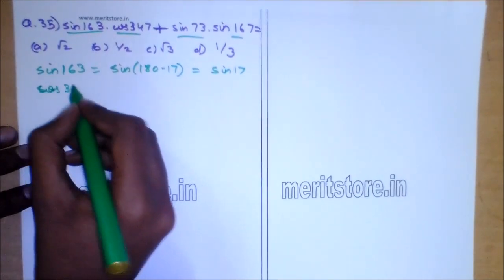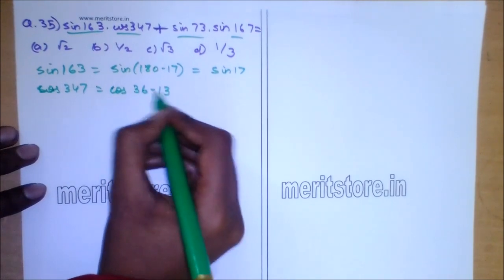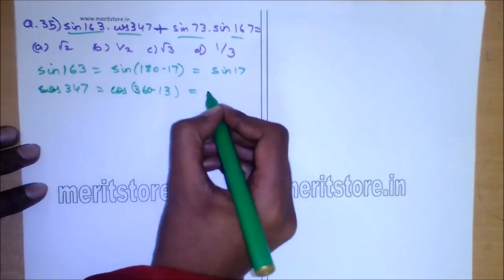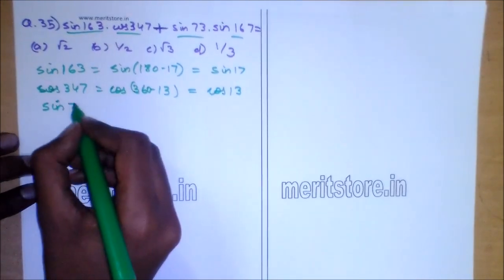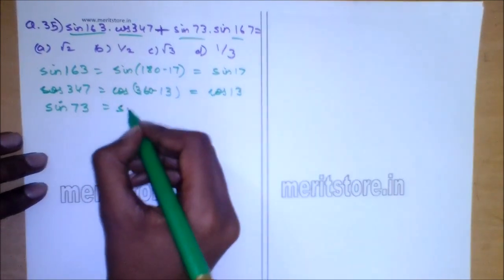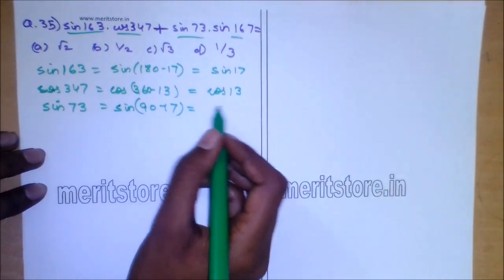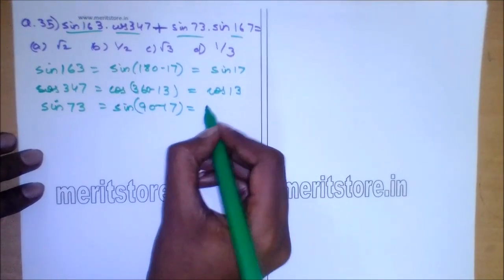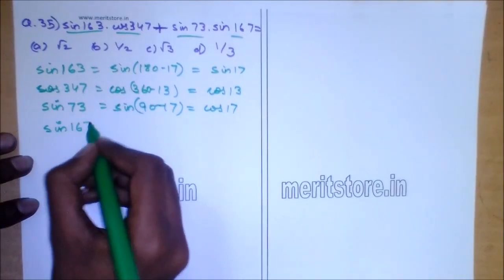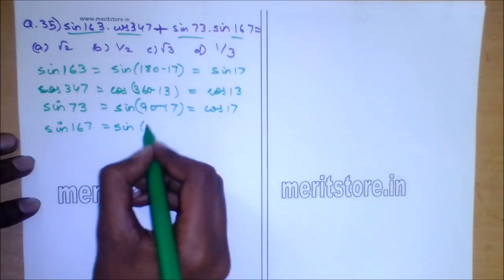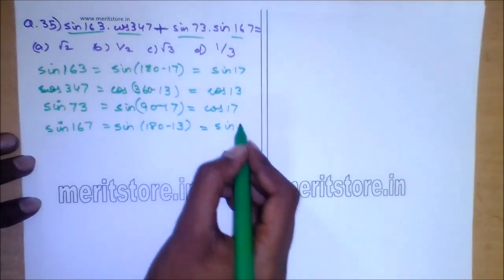Cos of 347 can be written as cos of 360 minus 13, that is equivalent to cos 13. Sin 73 is sin of 90 minus 17. Sin 90 minus theta is cos theta, so this is cos 17. And sin 167 is sin of 180 minus 13, that is equivalent to sin 13.